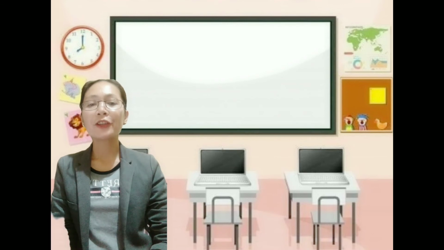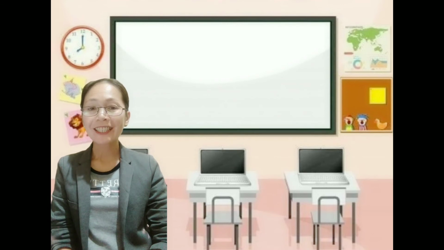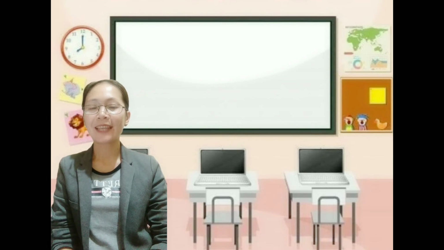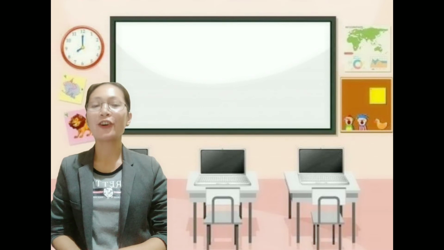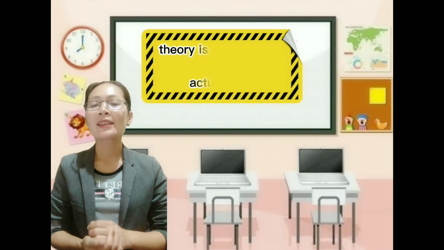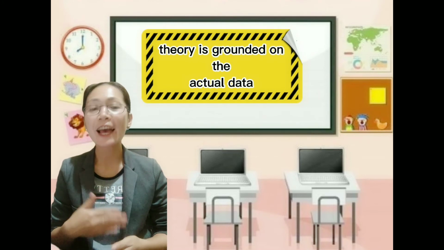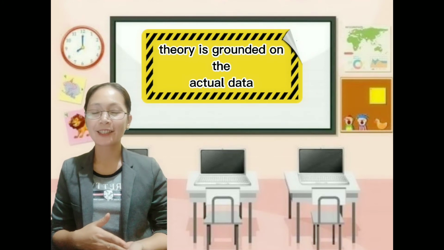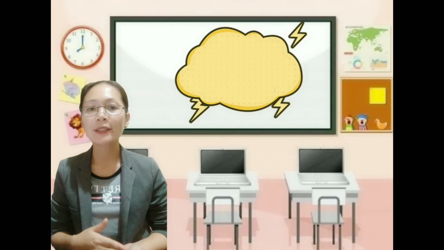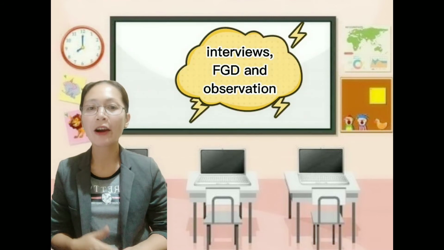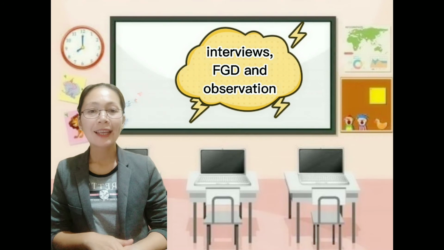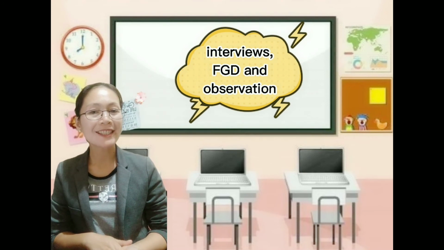Well, grounded theory involves collection and analysis of data, and the theory is grounded on the data, which means that theories will only be formulated after the analysis of data. And the instruments used by the researchers usually are interviews, focus group discussions, and observations.